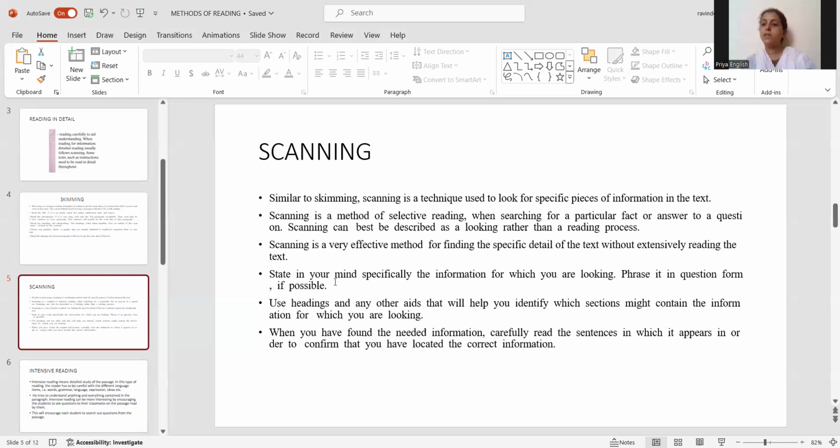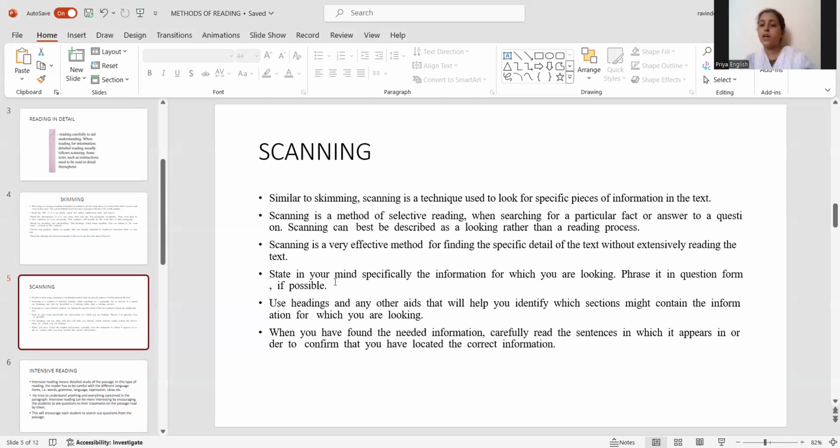So scanning could be called selective reading, wherein in your mind you know what topic you're going to look for, you know beforehand what information you need, and you go directly into that topic without looking at the other topics. You're just straight away jumping to that particular topic which you need. Okay, so this is called scanning.